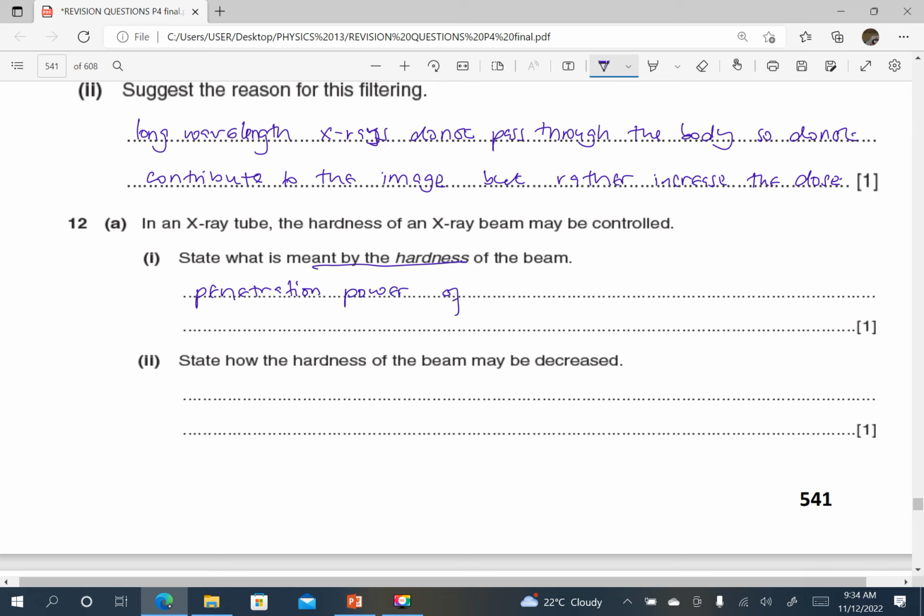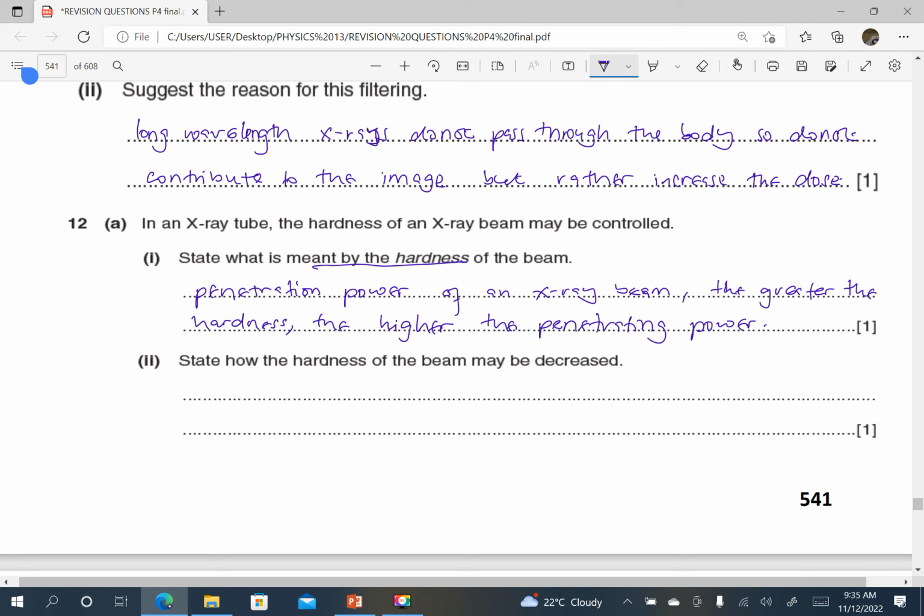And remember, the greater the hardness, the higher the penetrating power.